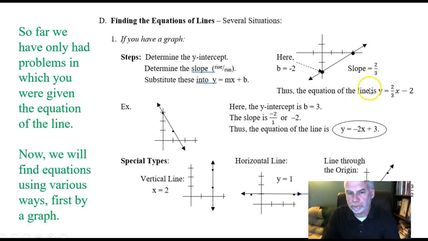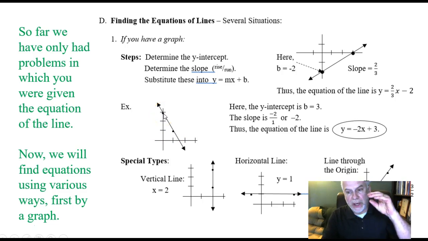All right. Now in this next picture, you have a y-intercept of +3. You can see that it crosses the y-axis at +3. And then from there, it goes down 2 and to the right 1. So the rise is -2 and the run is 1.